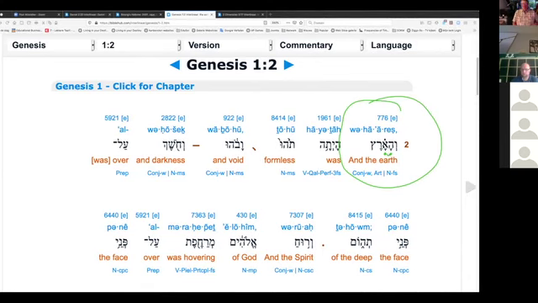I make a smiley. We know that the word is Eretz. This is the word for earth. But the Segol changes to a Kametz because of harmonization.